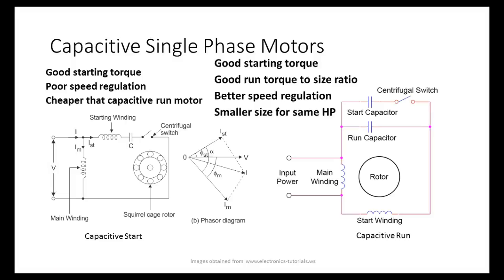Run how many wires? 1, 2, 3, right? So if you see a capacitor that's got 3 wires coming to it, that's probably a capacitive run motor. If you only have 2 wires coming to it, it's probably a capacitive start motor, right? That makes sense?